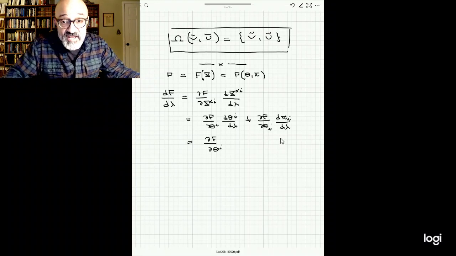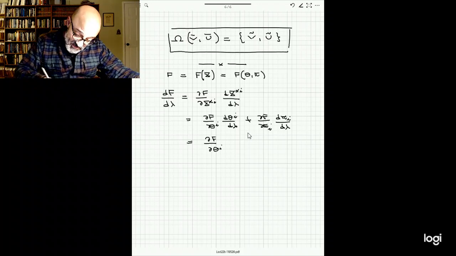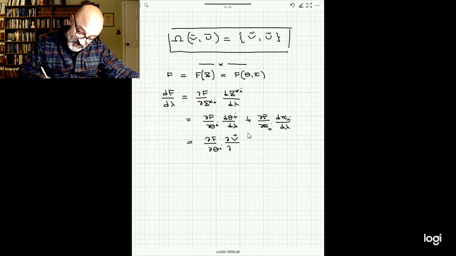But here we can use Hamilton's equations. This is going to be the derivative of the Hamiltonian function with respect to the momentum. And here we have the df d pi, and here we're going to have minus the derivative of the Hamiltonian function with respect to the coordinate.